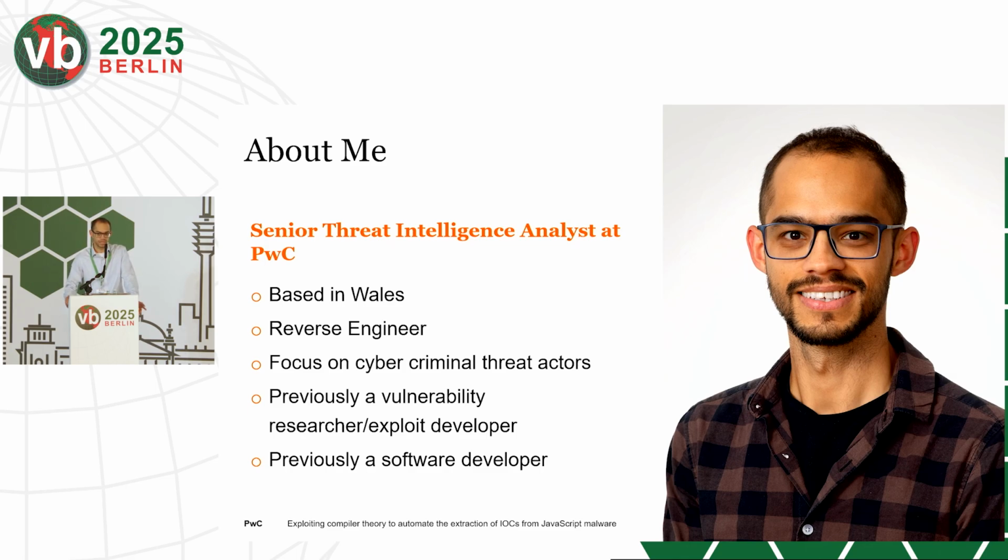And if you haven't met the incredible people in this team, I'd love to introduce you. Currently, my main focus is on crime and financially motivated threat actors. But before this role, I worked as a vulnerability researcher / exploit dev. Prior to that, I worked in software dev. Prior to that, I was a child.